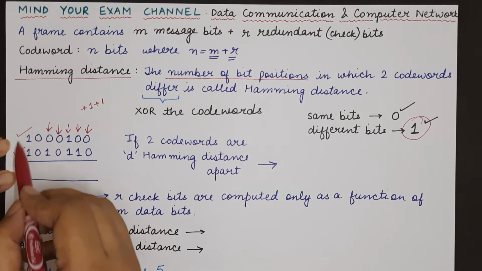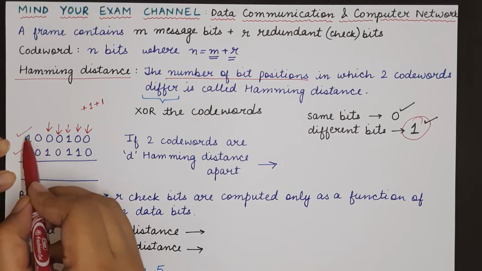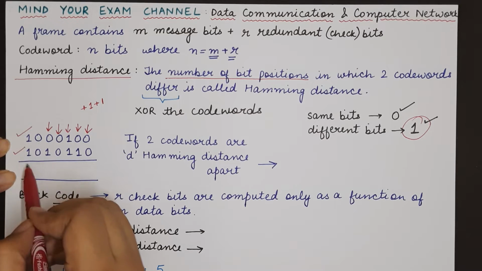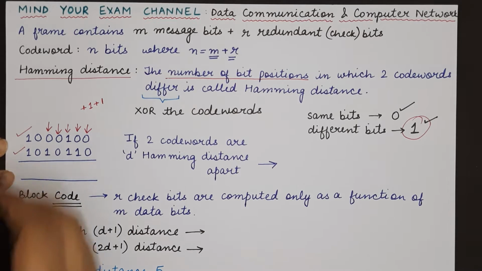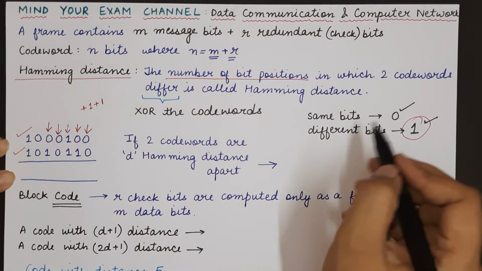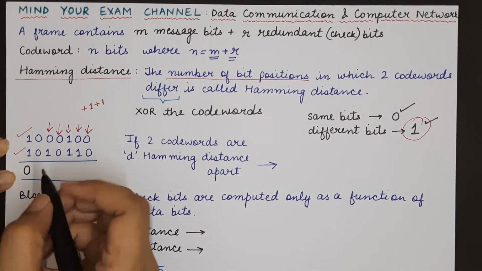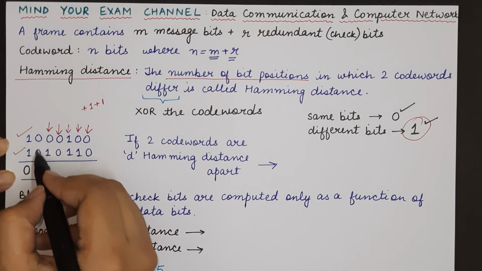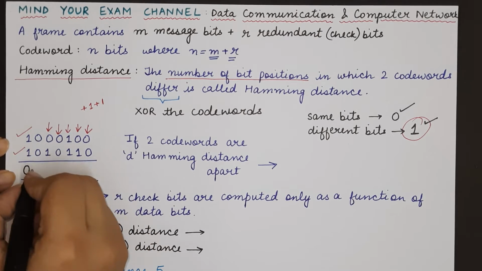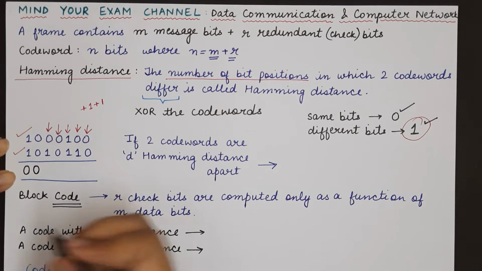Now if we start from this side, then the XOR for this bit location will give you 0 because both the bits are same. So same bits result in a 0 in case of the XOR operation. Similarly, at the second location also both the bits are same, so 0.